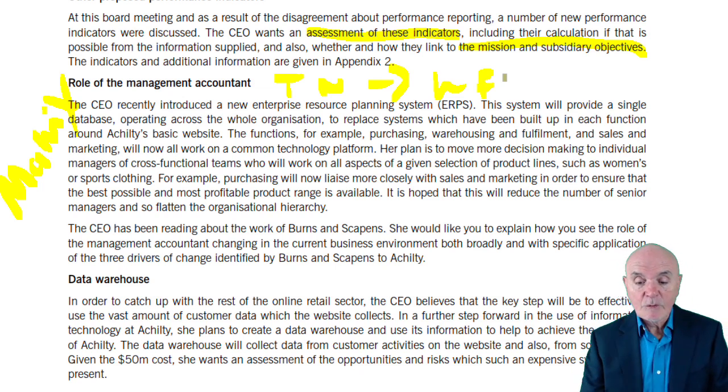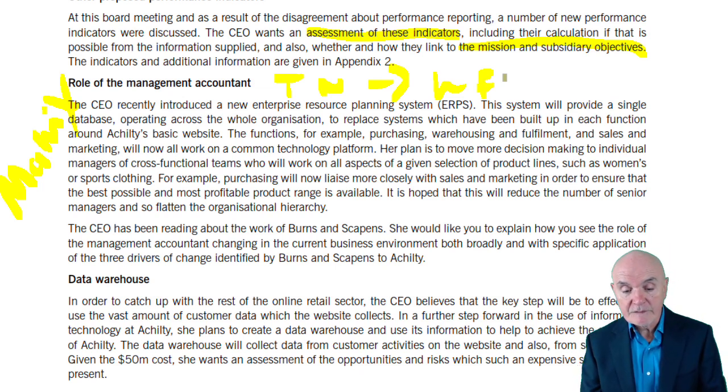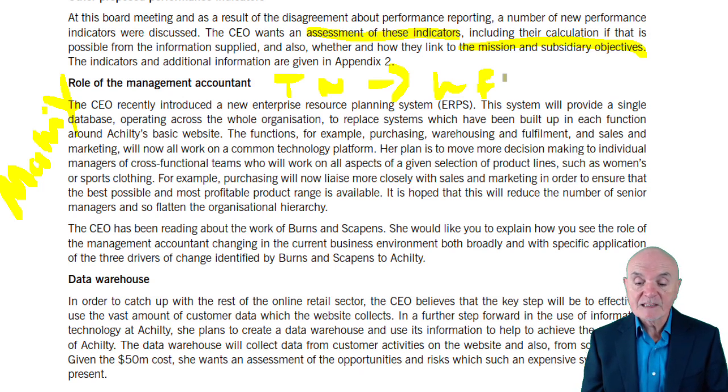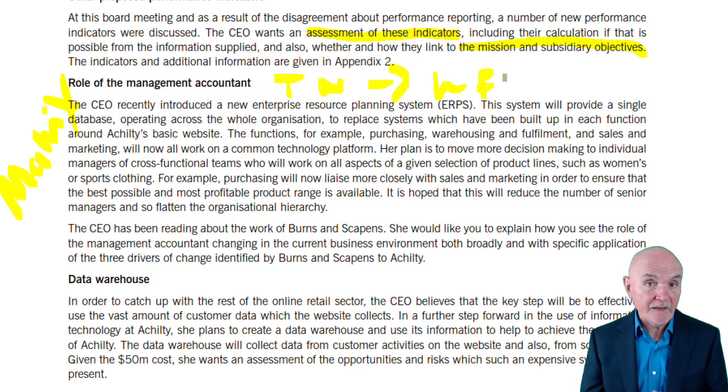So cross-functional teams will work on all aspects of the given selection of product lines, such as women's or sports clothing. For example, purchasing will now liaise more closely with sales and marketing in order to ensure that the best possible and most profitable product range is available. In other words, it's basically tying stuff together.